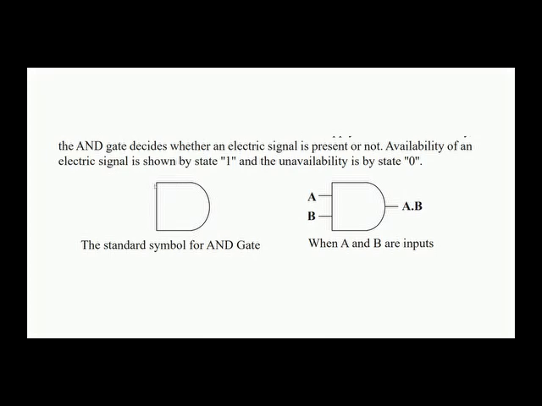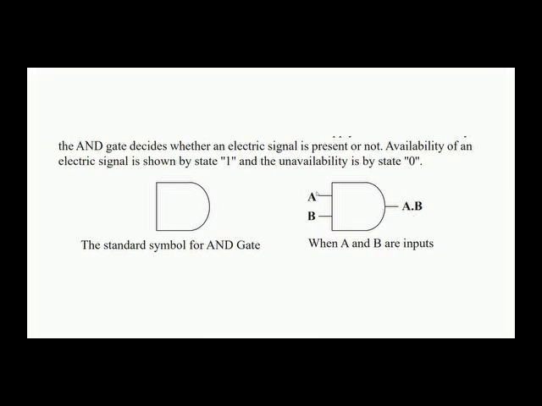this is the standard symbol for the AND gate. We draw the AND gate like this. You have to remember that. If we consider these two inputs, just like the valves, to get the output 1, these two inputs need to be 1. Otherwise, the output will be 0.